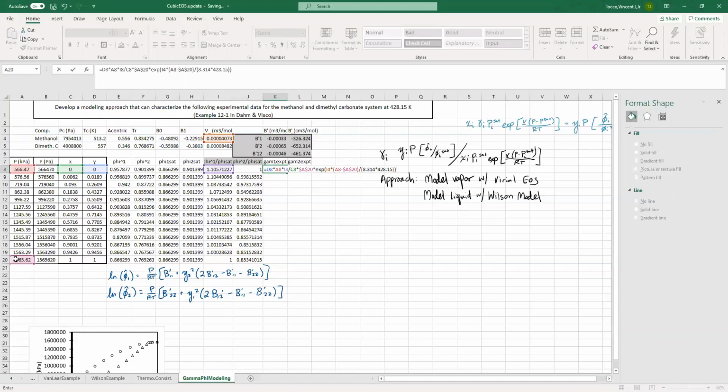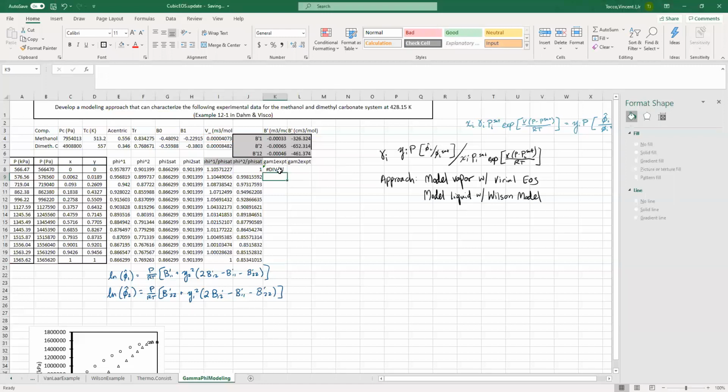Close that, and I'm going to want other parentheses. All right, so now my denominator is in parentheses as well. Divide by 0, which is okay because that's a pure component.